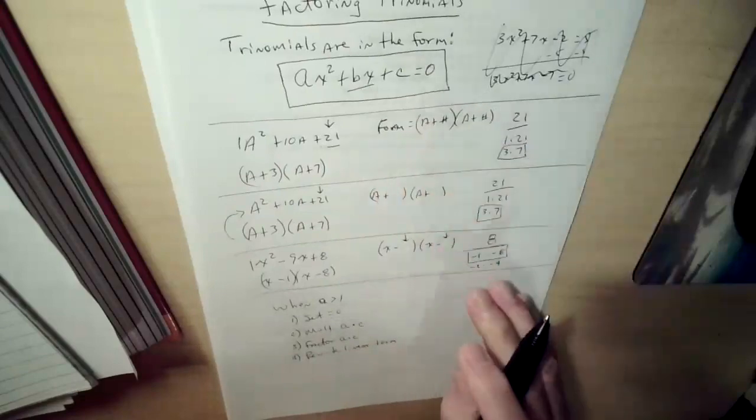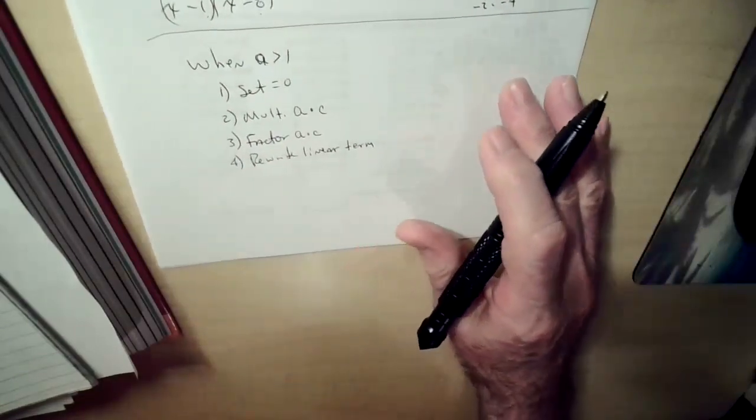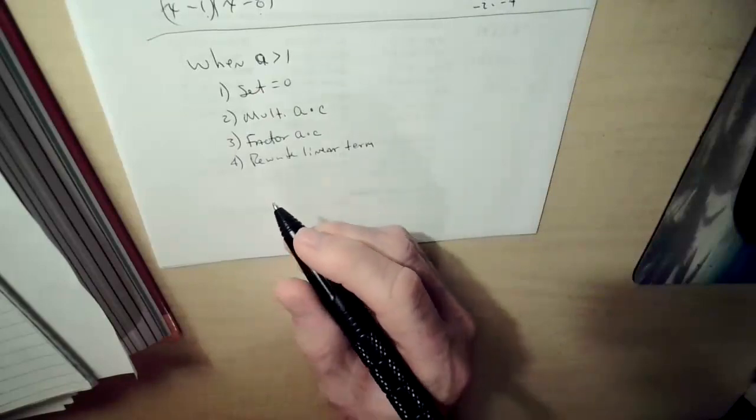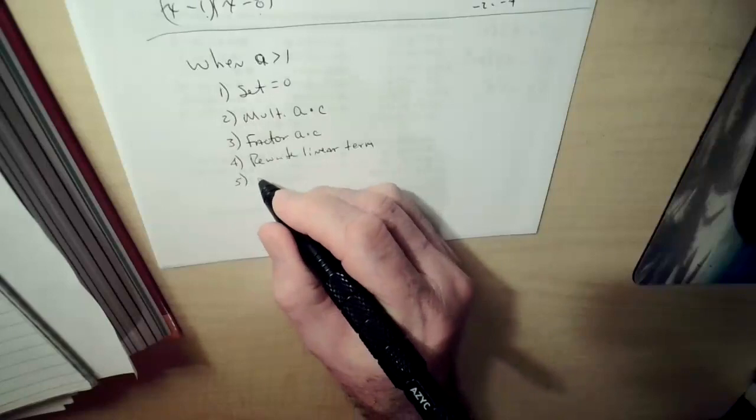Now the linear term is the one in the middle. I know this doesn't make a lot of sense right now, but it should, or it will.